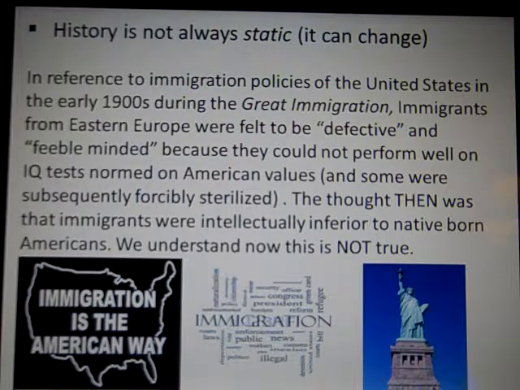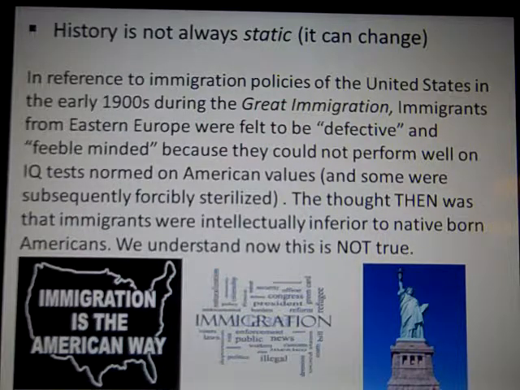You're going to watch a video later and you're going to see, hopefully, that the way that we define people as being inferior or unintelligent is going to change. We thought African Americans and immigrants were less intelligent, less informed, just from a biological standpoint. And we enacted laws and policies in our country in the late 1800s and early 1900s to essentially forcibly sterilize them.